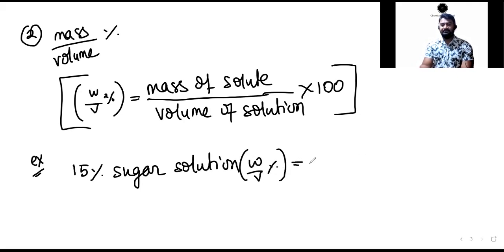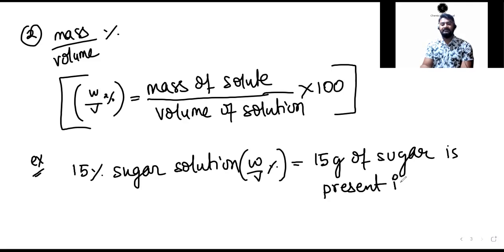This will mean that 15 grams of sugar is present in exactly 100 milliliters of solution. That's how we understand it.